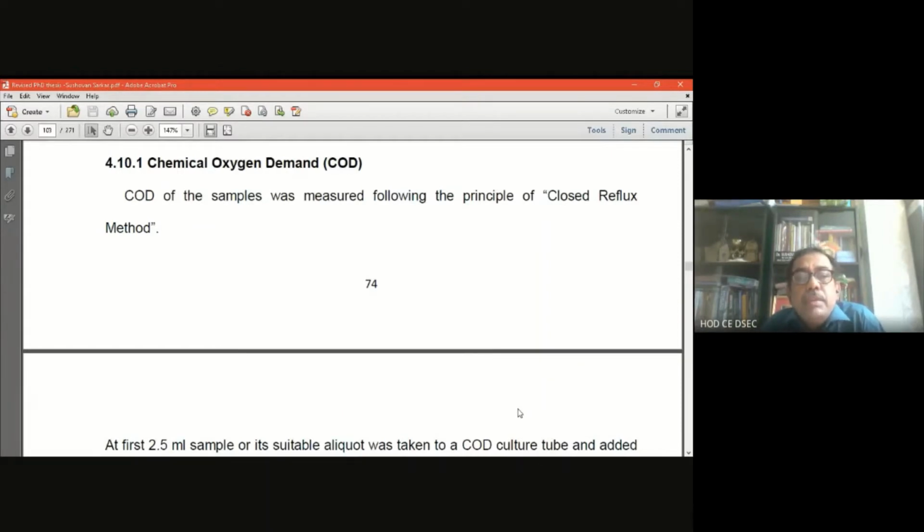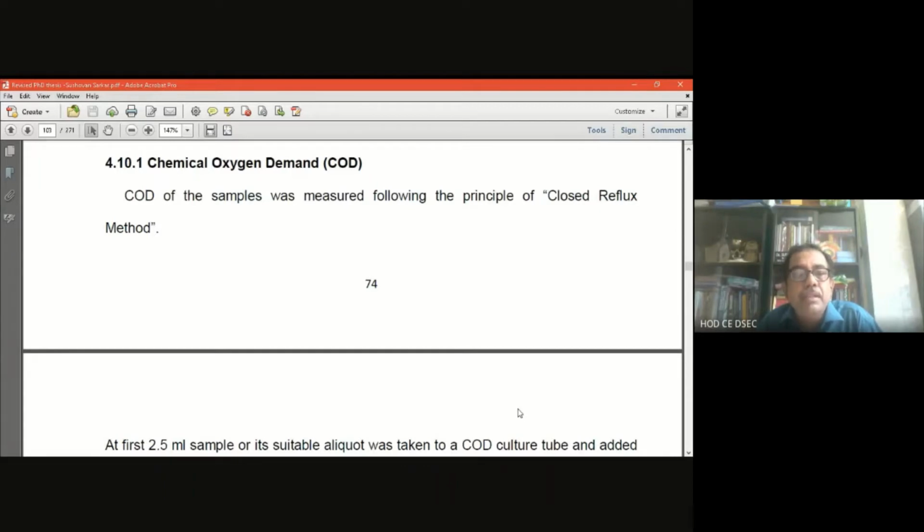In the 14th and 15th lectures, I think I have explained what COD is, where both the organic and inorganic matter, the biodegradable and non-biodegradable, are oxidized by a chemical oxidizing agent, potassium permanganate.